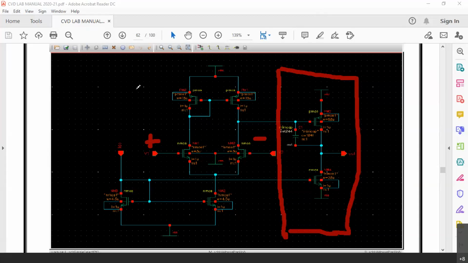In the earlier case, when we used the common source amplifier, we had used one PMOS and one NMOS, where the NMOS we used as the amplifying transistor and the PMOS we used as the resistor. Now here you can see the gates of three NMOS FETs are connected together, which means there is a current source and then we have a current mirror.